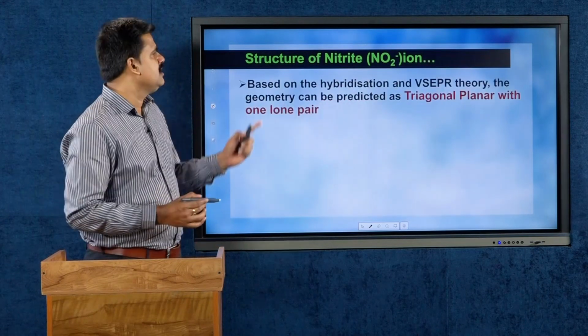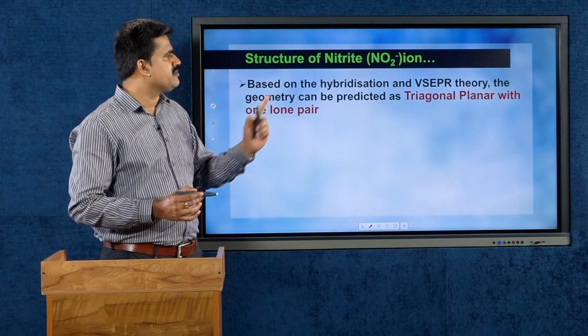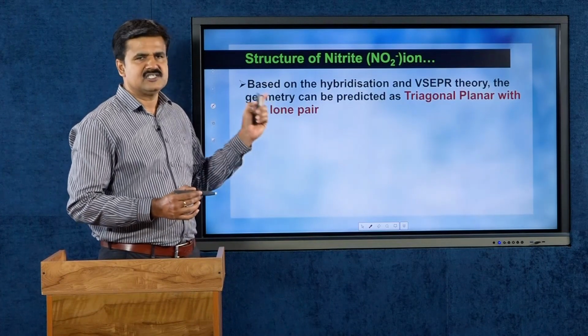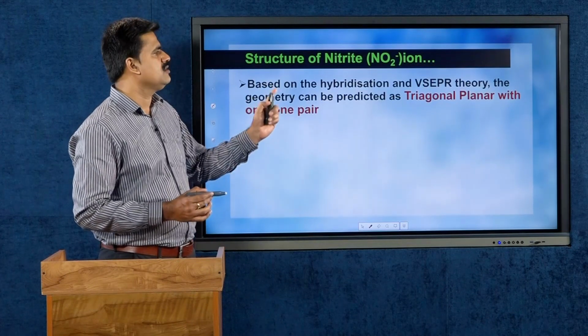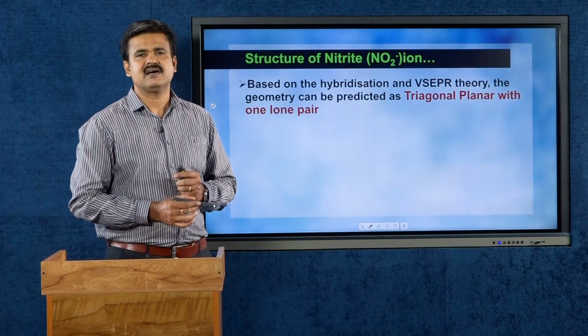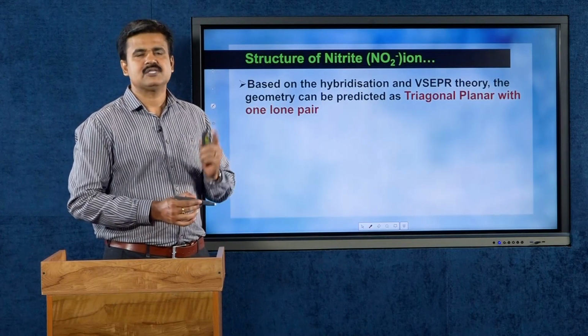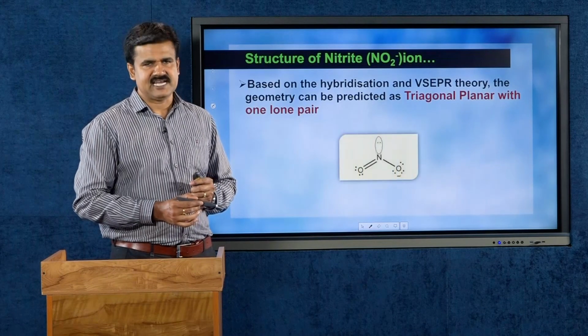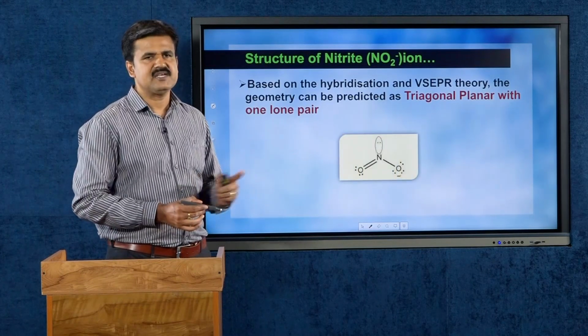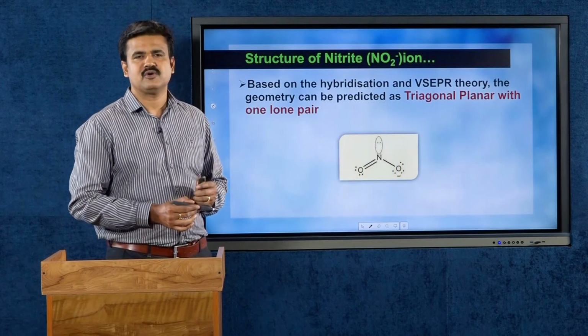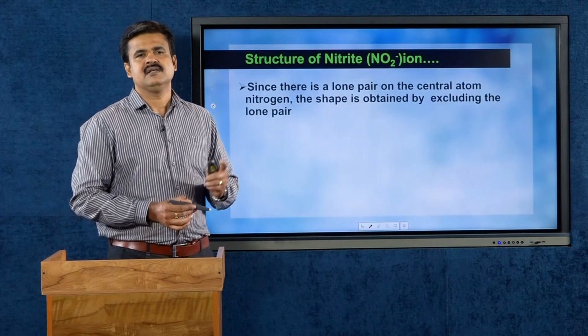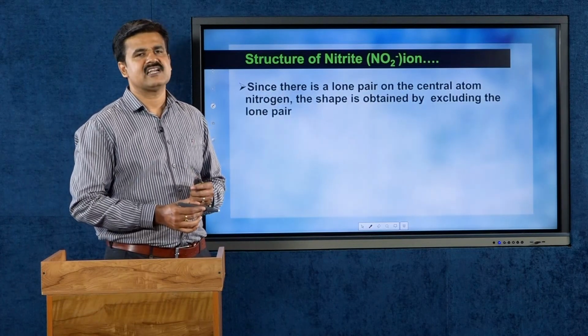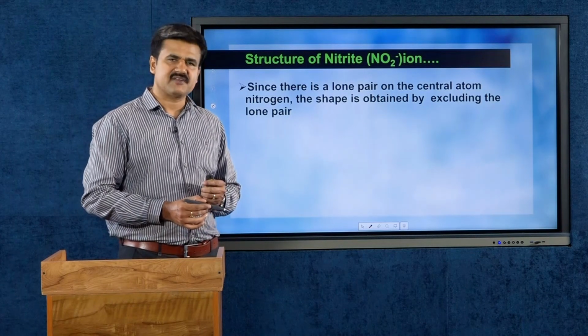Now, the hybridization is already predicted based on VSEPR theory. The geometry is already predicted. So, this molecule exhibits trigonal planar geometry with one lone pair on the central atom, nitrogen. This is the arrangement. You can clearly see the presence of a lone pair here. And since there is a lone pair on the central atom, you can say that the geometry is different from shape.